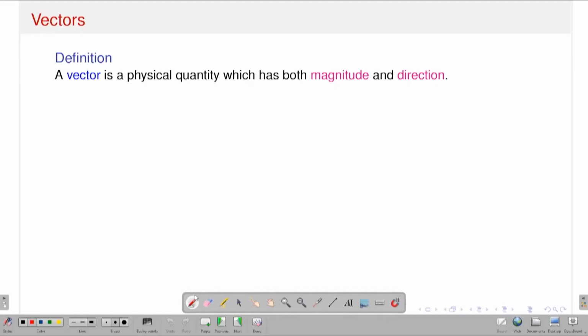So, with this required information to specify the physical quantities, they are broadly classified as scalars and vectors. First of all, we will see the definition of vectors. A vector is a physical quantity which has both magnitude and direction.